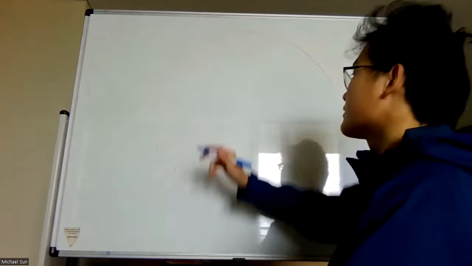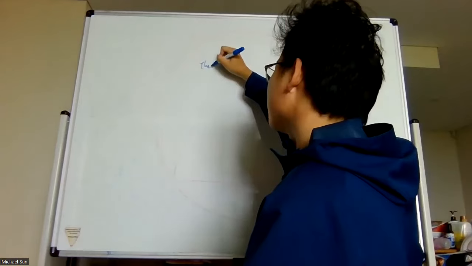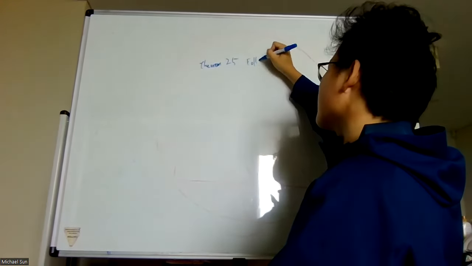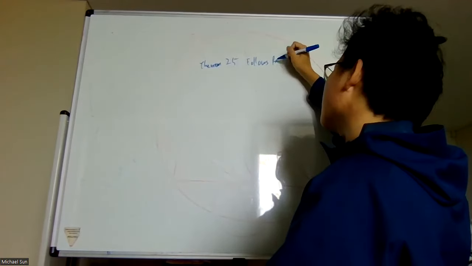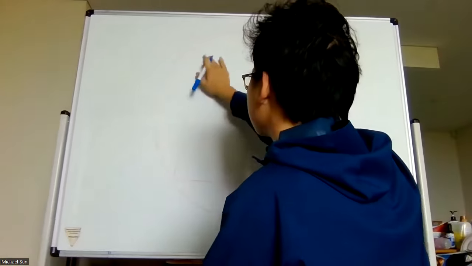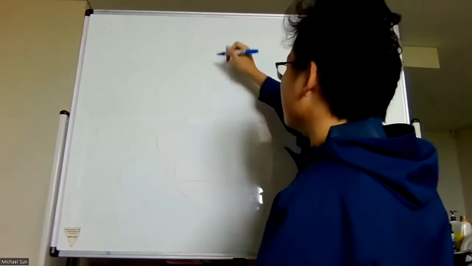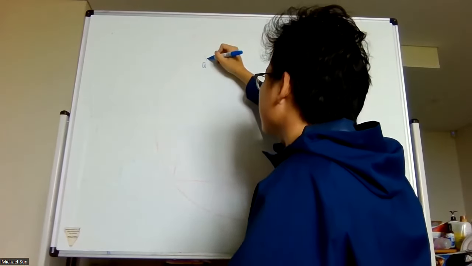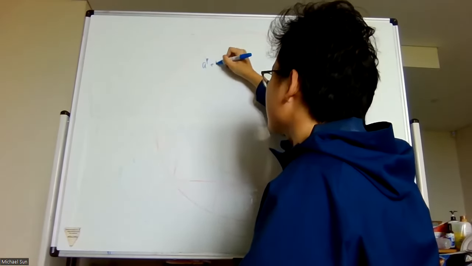Yeah, okay. So theorem 2.5 follows from theorem 1. Oh wait, no, sorry, I haven't proved theorem 1 yet. Now we basically have the induction, right? So we have AP plus EP.